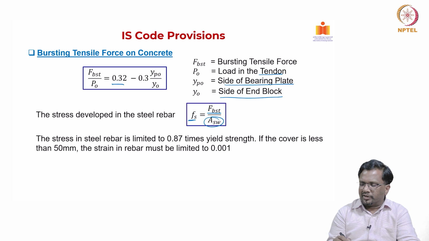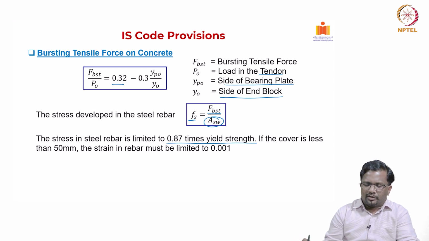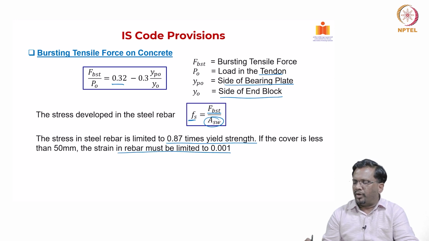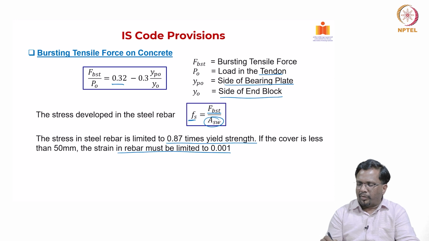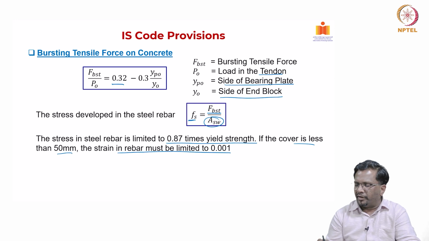If the stress is limited to 0.87 times the yield strength and the cover is less than 50 millimeter, the strain in the rebar should be limited to 0.001. So, the maximum we can take is 0.87 fy, but if the cover is less than 50 millimeter, the strain in the rebar is limited to 0.001.